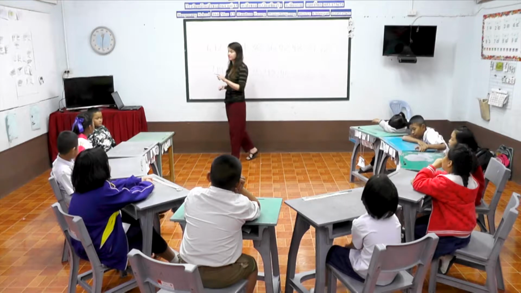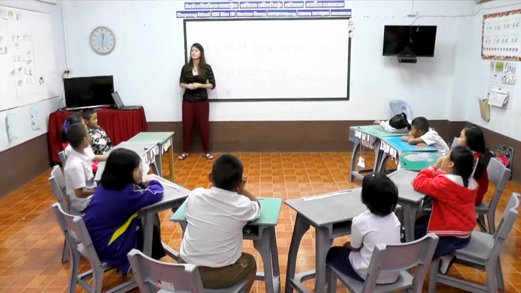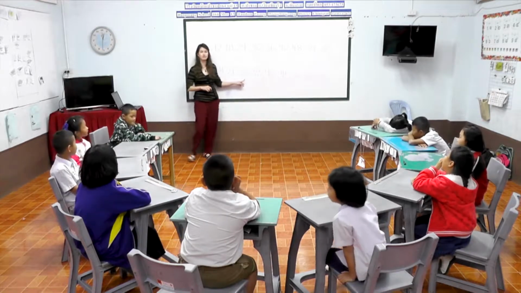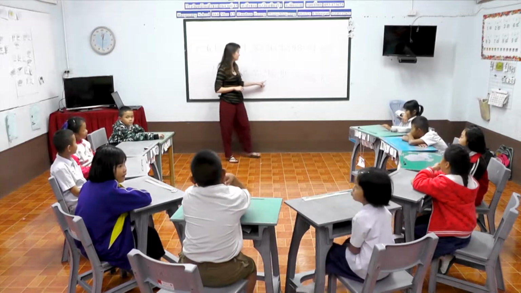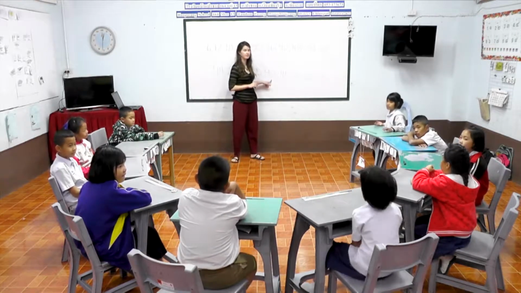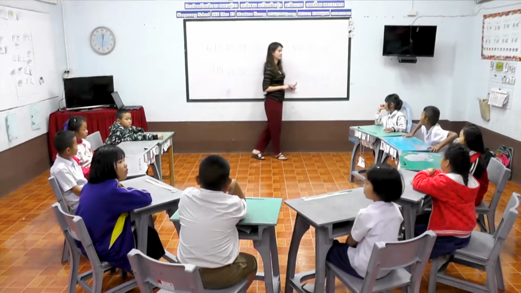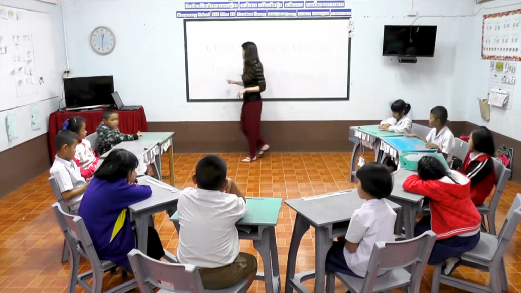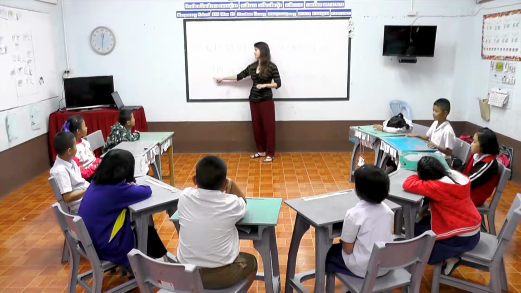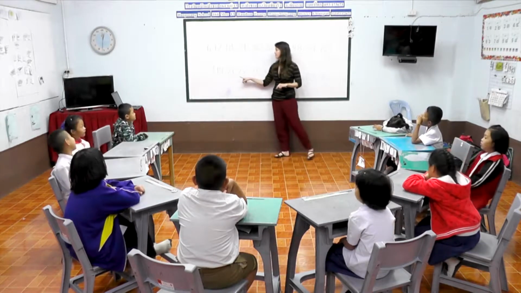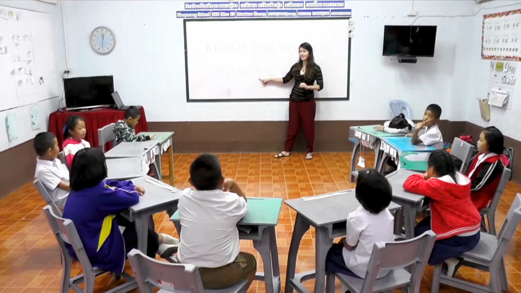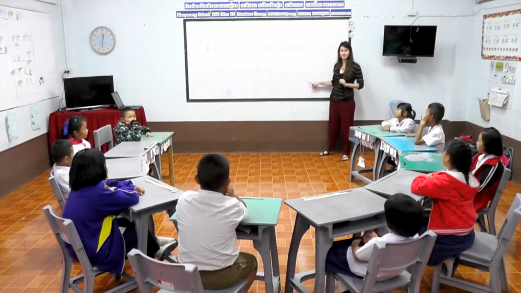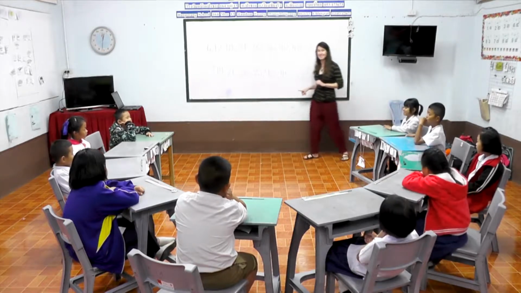Okay, start us off. 7, 14, 21, 28, 35, 42, 49, 56, 70. Good, let's do it again. Start us. 7, 14, 21, 28, 35. Good. 70. Very nice job, friends.